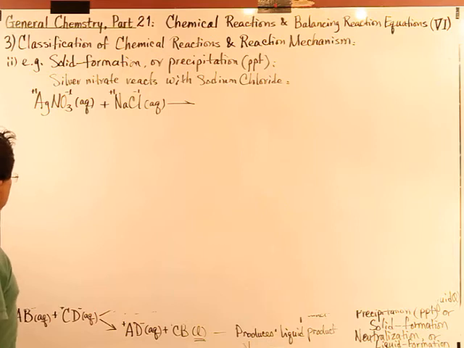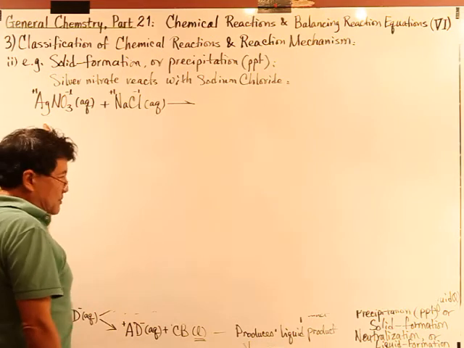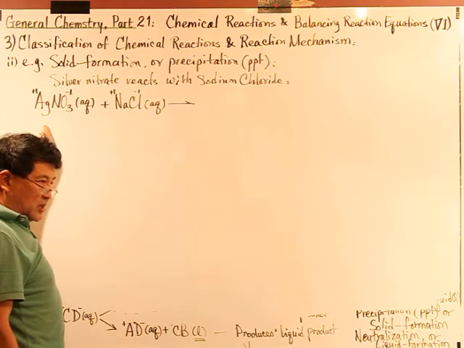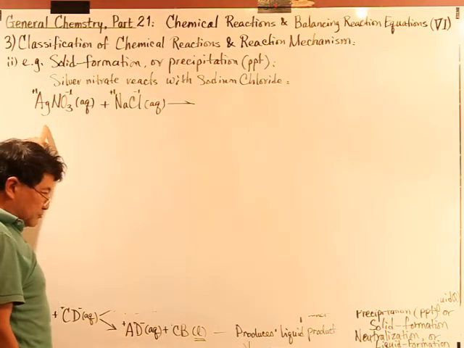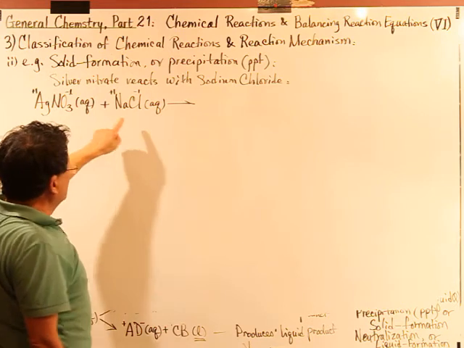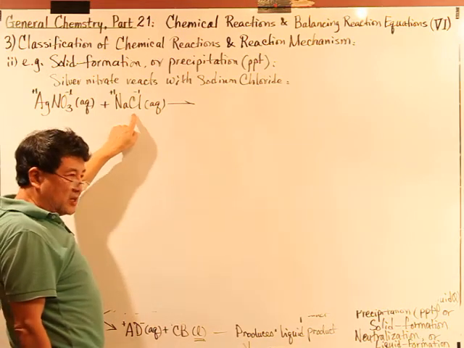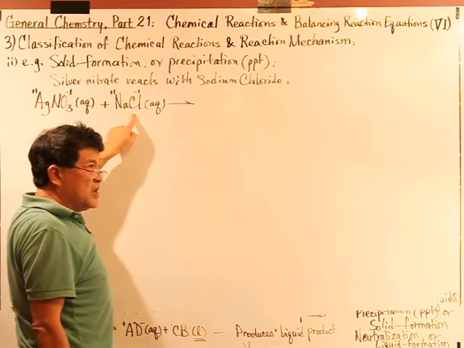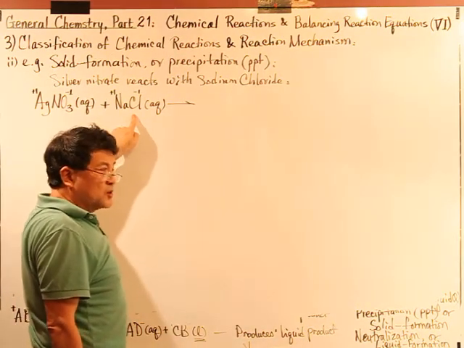because why? Because silver is one of the precious metals and heavy metals in the transition metal group. Then silver will combine with chloride to form silver chloride, which is a very, very insoluble salt.